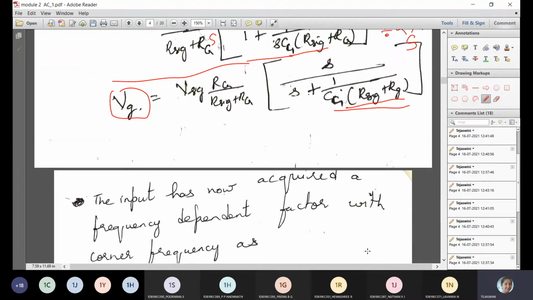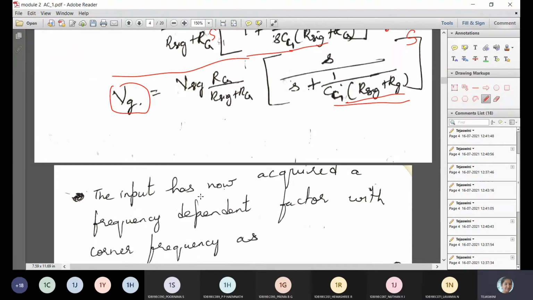Now you can observe that the input has acquired a frequency dependent factor with a corner frequency. Which is the corner frequency factor here? The RC time constant. Omega L is there.